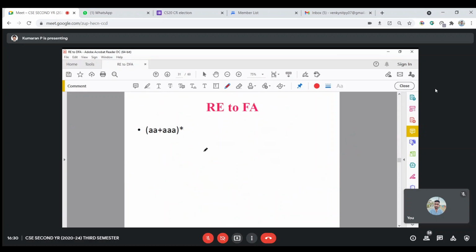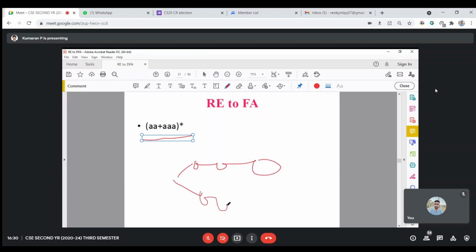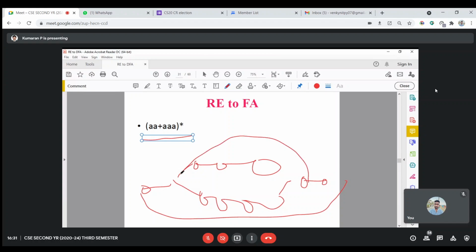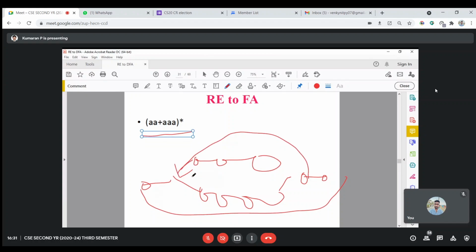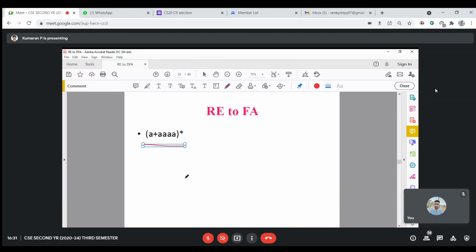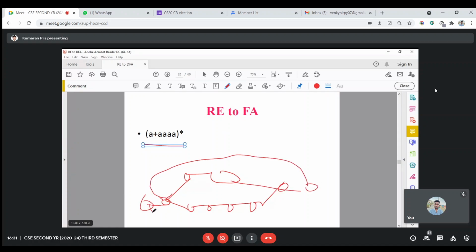Okay. Now I have a few more examples here. The 2a will go top, the 3a will come bottom, and put together we have a whole self loop for the star. Here also the same: single a will go top from the arc, and 4a will be coming here, and everything will be in the self loop.